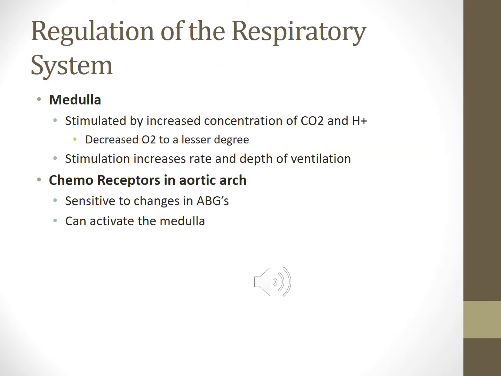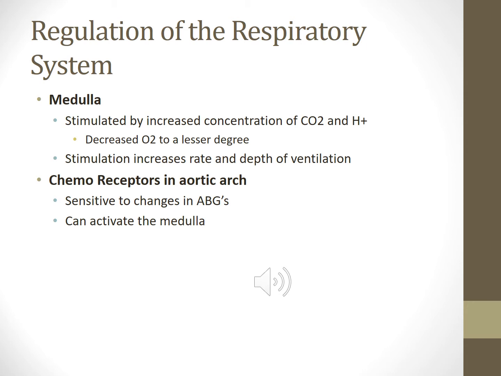Regulation of our respiratory system is done within the medulla. It is stimulated by increased concentrations of carbon dioxide and hydrogen and decreased amounts of oxygen in the arterial blood. The medulla sends an impulse down the spinal cord to the respiratory muscles to stimulate an inhalation.